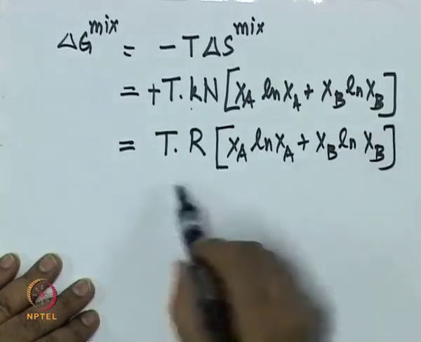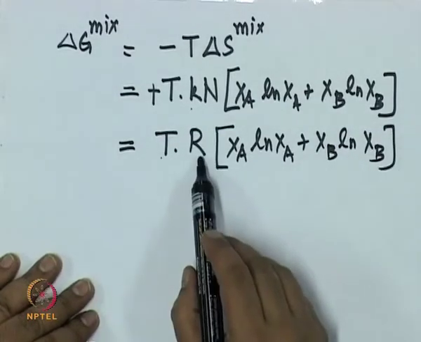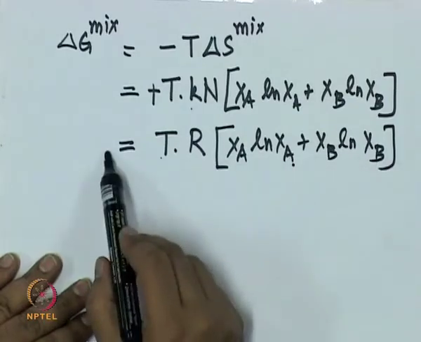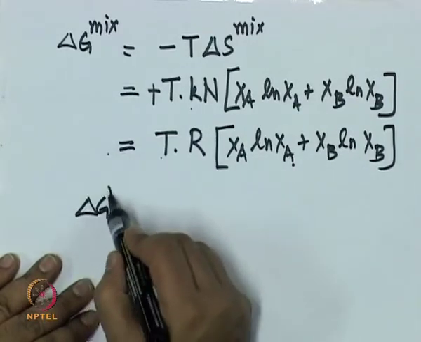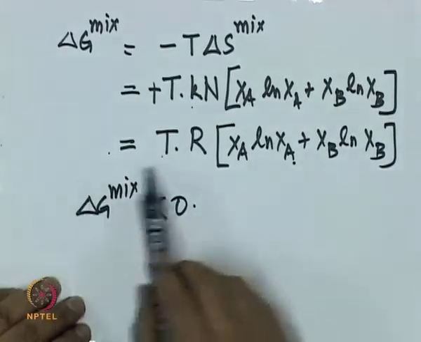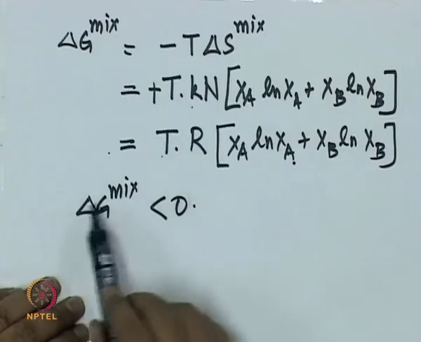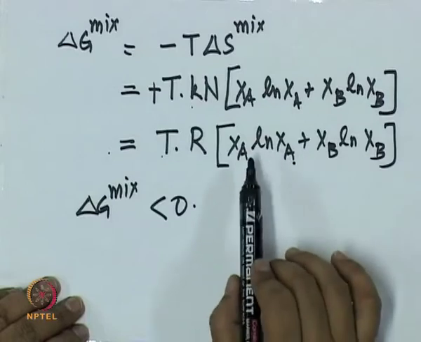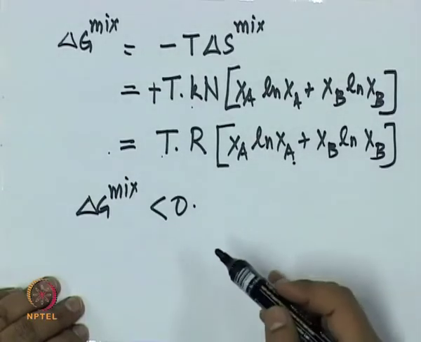Okay. So, this is a positive quantity, and this is the logarithm of some fraction, so it is going to be a negative number. So, delta G mix is less than 0. In other words, this is called an ideal solution because the configurational entropy is always going to reduce the overall free energy.